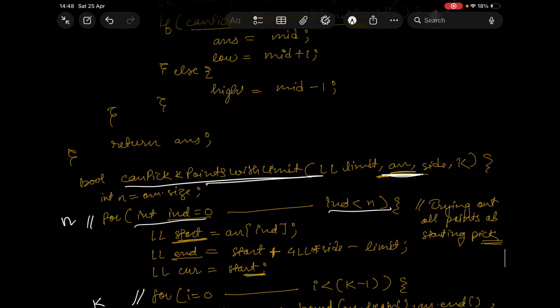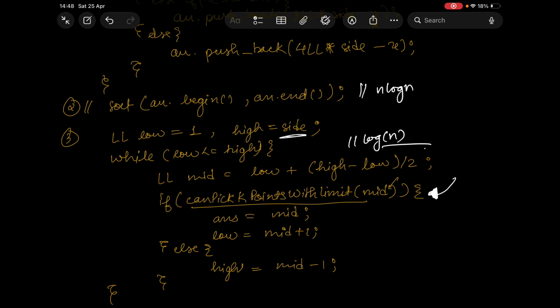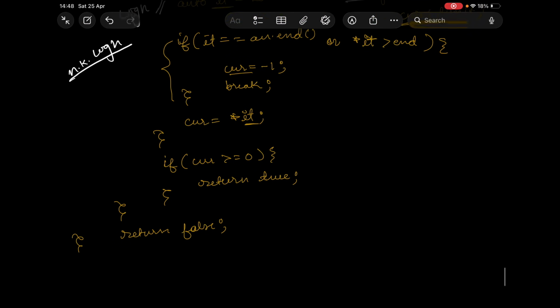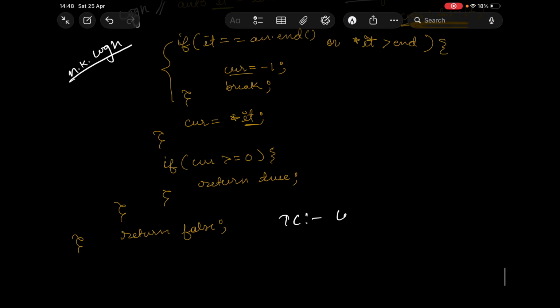And here, sorry, my bad, not log n, this is log of side, into whatever is inside this one. So the time complexity is log of side into n into k into log of n.